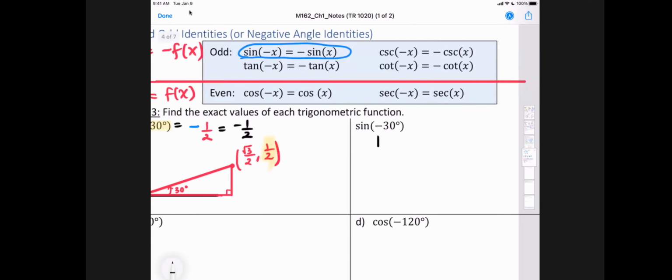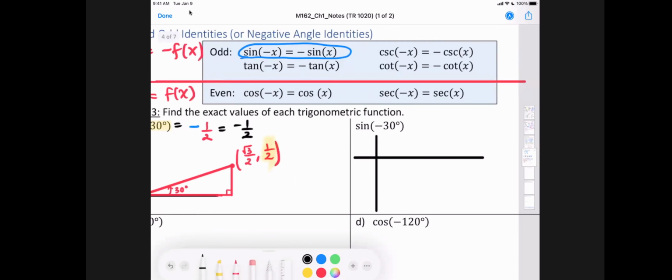So we'll map out negative 30 degrees. That would be a clockwise rotation because of the negative angle measure.